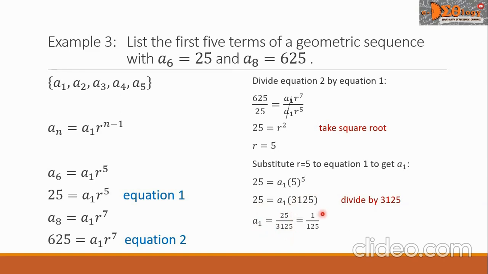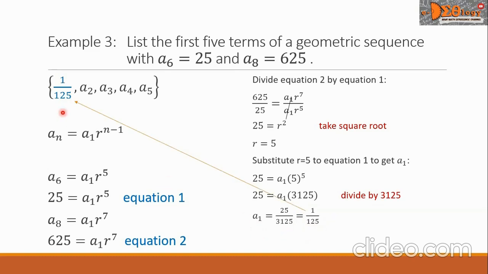So we will get this 1 over 125. This value now is our a sub 1, the first term. So we can substitute this a sub 1 in here, in our first 5 terms of the geometric sequence.